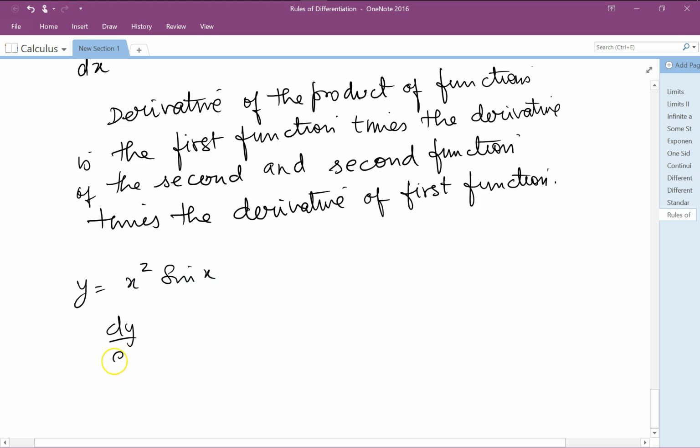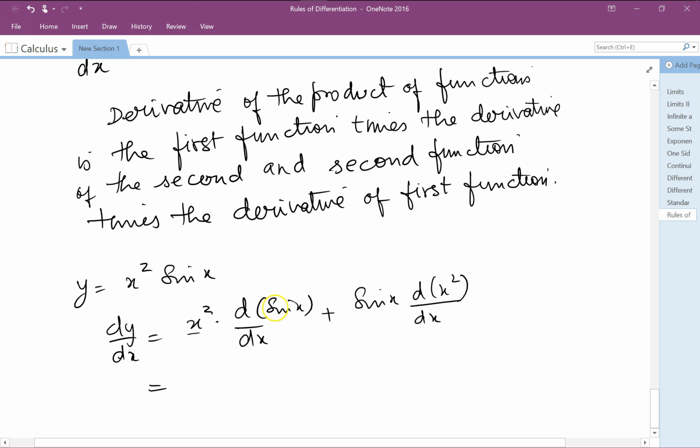So dy by dx would be first function times the derivative. So x square times d sine x by dx plus sine x times d x square by dx. So first function times the derivative of the second plus second times the derivative of the first. So now x square, now derivative of sine x is what?